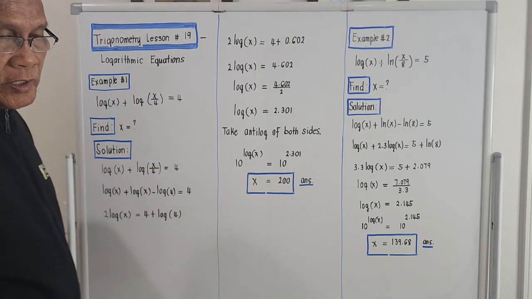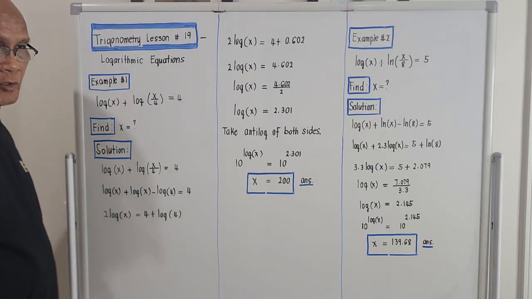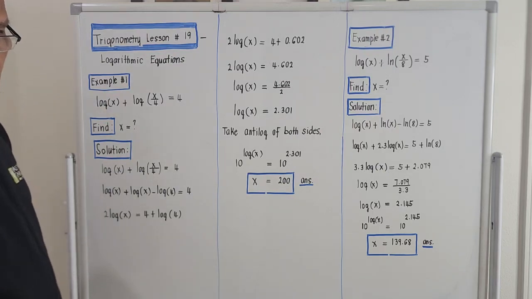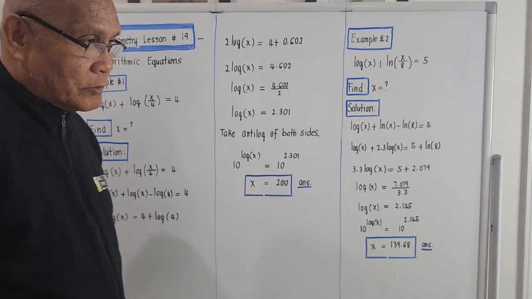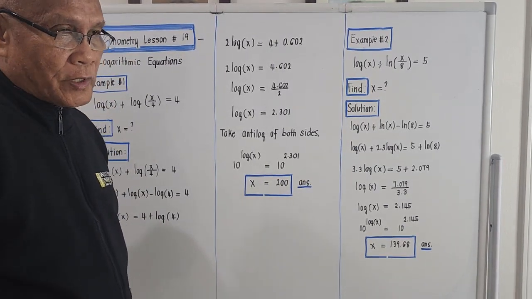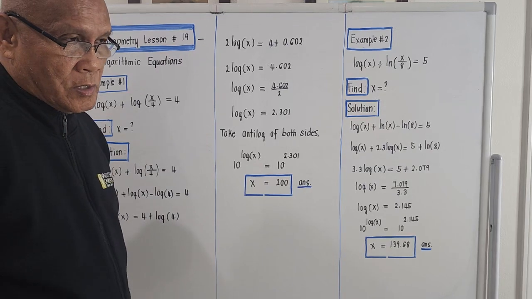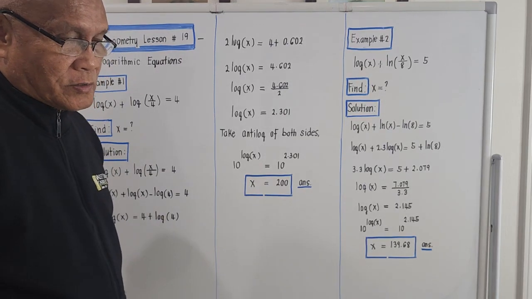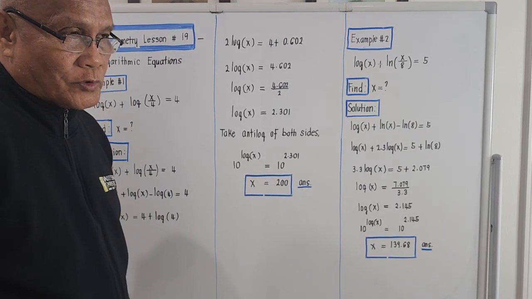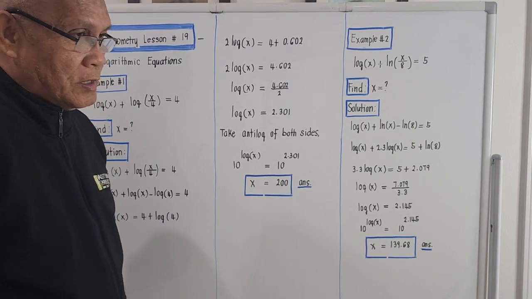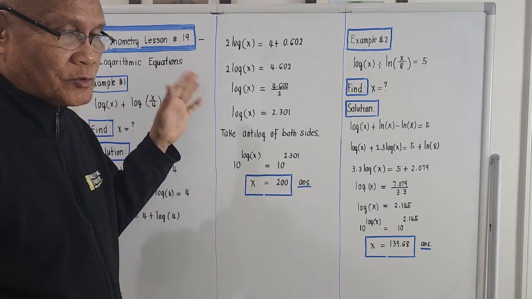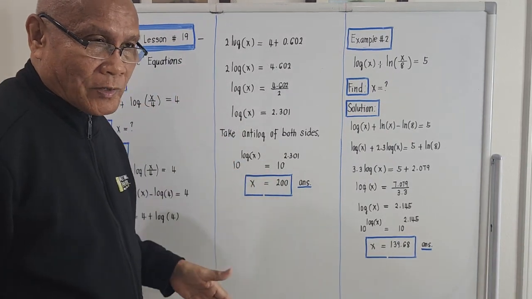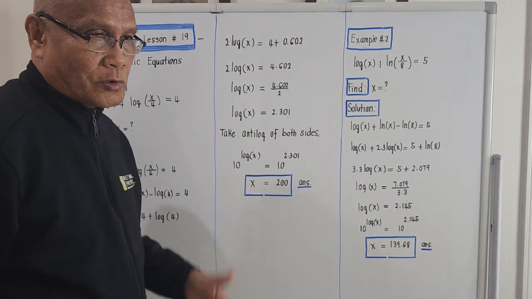This is still in connection with the study of logarithms. One of the problems that are coming out on YouTube are logarithmic equations. So before we take another topic, maybe obtuse angles on trigonometry, let's try to finish first this topic on logarithmic equations, meaning example problems and how to solve logarithmic equations.